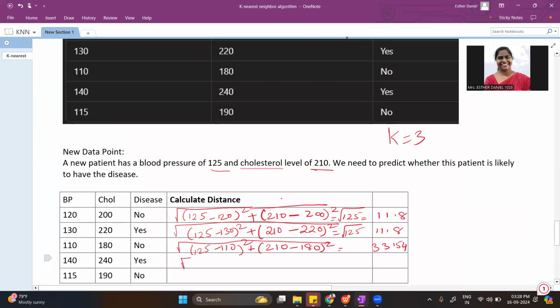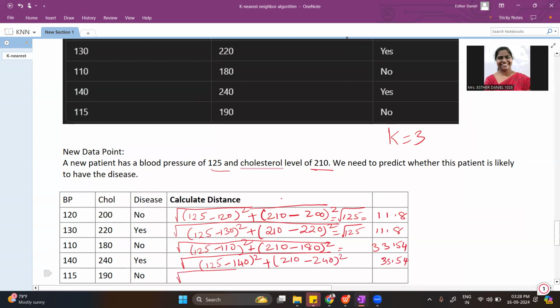For the fourth patient, (125 minus 140) whole square plus (210 minus 240) whole square, we get around 33.54.